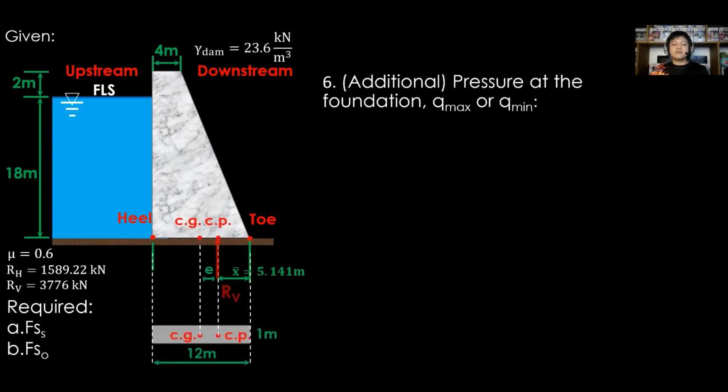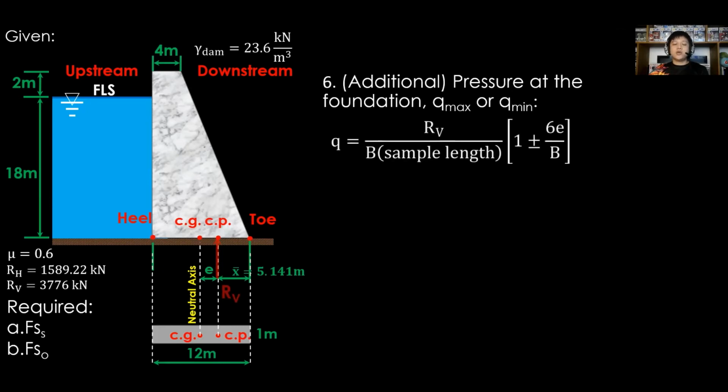Consider the projected rectangular surface of the base, assigning the center of gravity, center of pressure where RV is concentrated, and distance from CG to CP, the eccentricity E. Apply equation Q equal to RV all over B times sample length, then multiply with the quantity 1 plus or minus 6E all over B.